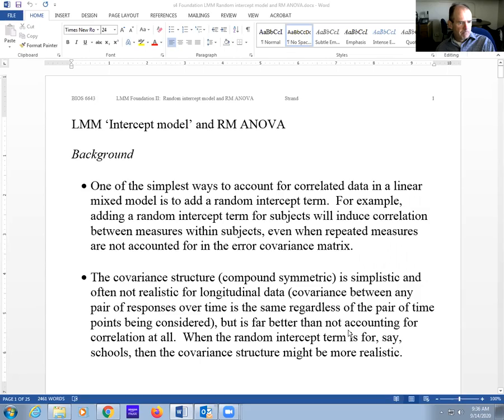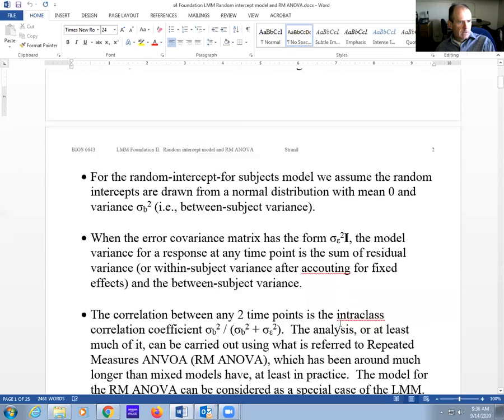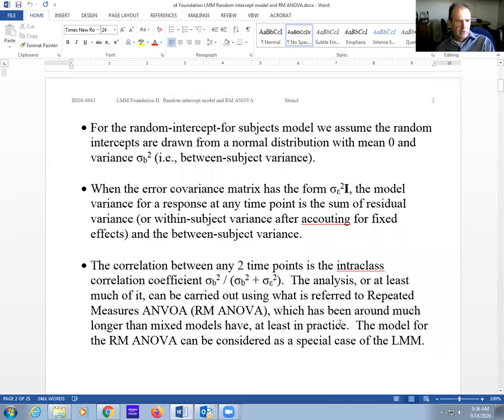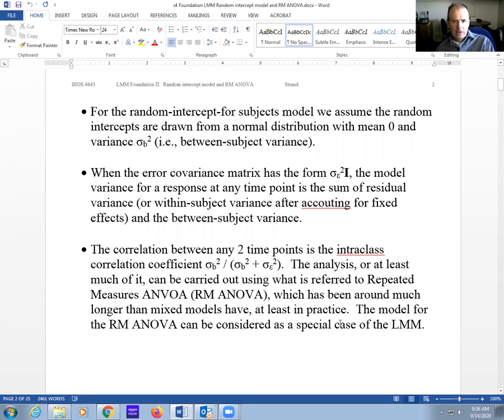So we talked about this last time. We had our random intercept model, and we showed what the covariance matrix would look like for it. The variance is going to be sigma b squared plus sigma epsilon squared, and then the off diagonal is going to be sigma b squared.